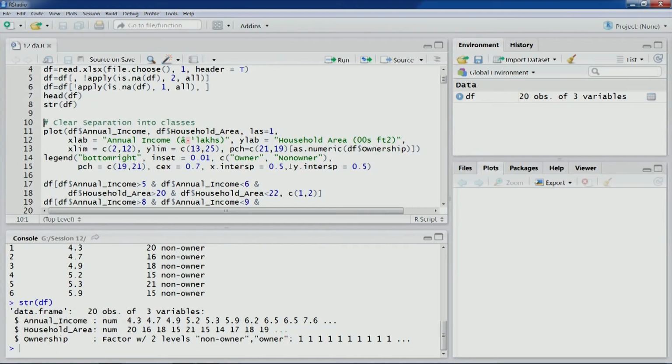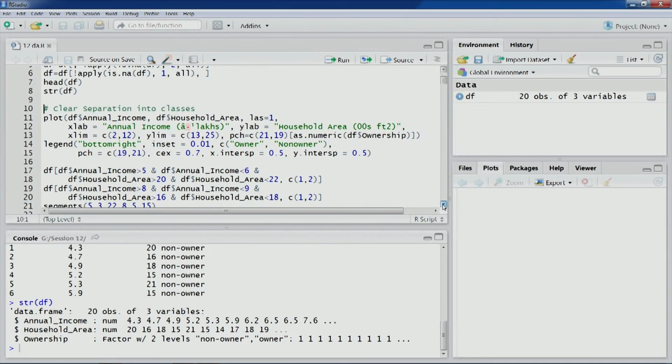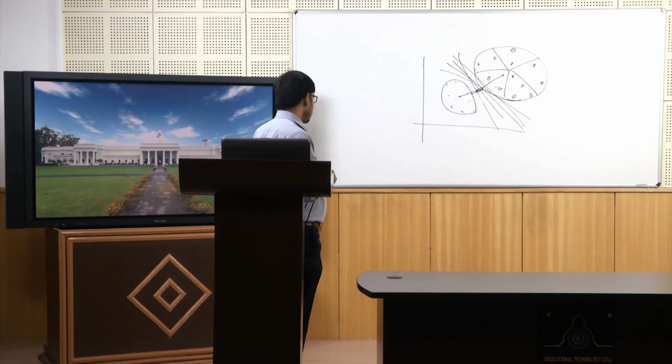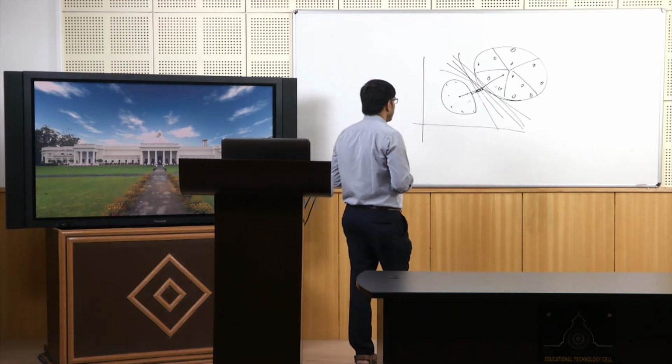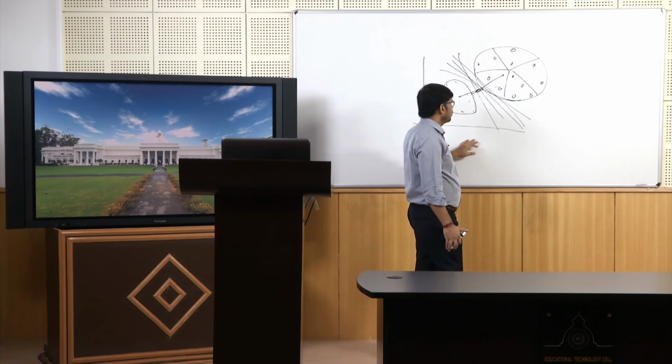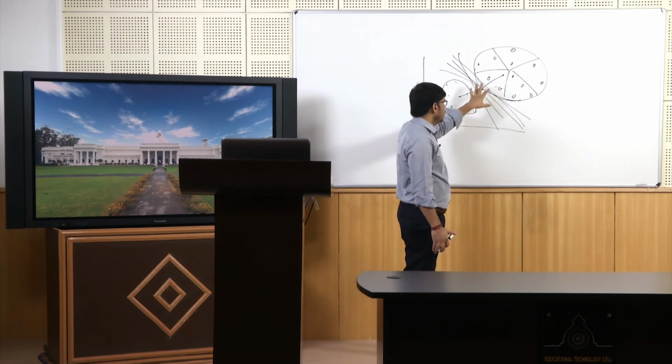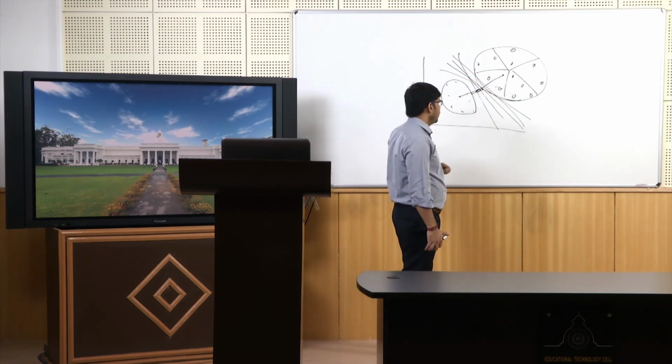Now the first important aspect that we need to discuss is the separation into classes. It is important for a particular classification model to do well in classifying observations that class separation should be a bit more clear.